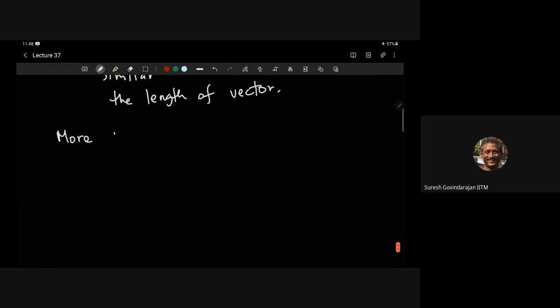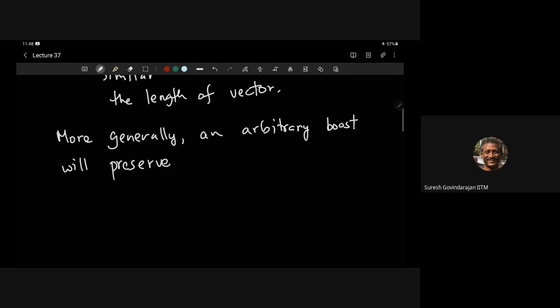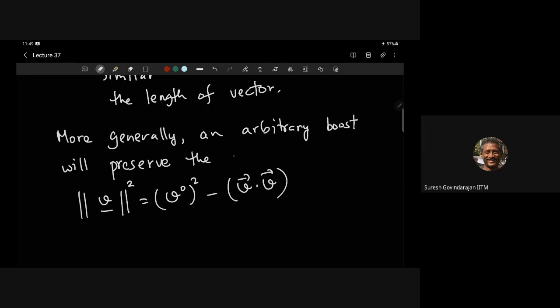Okay, so more generally, for an arbitrary boost in any direction, we'll write the norm square of some 4 vector V like this, and this norm has a name. It's called the Minkowski norm.